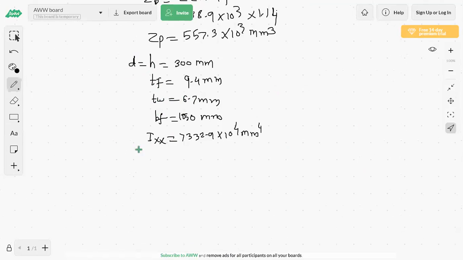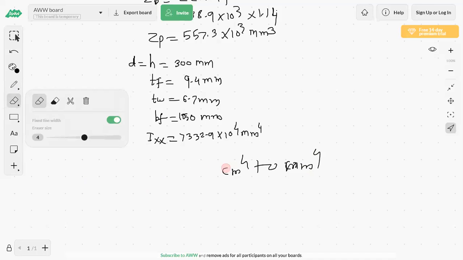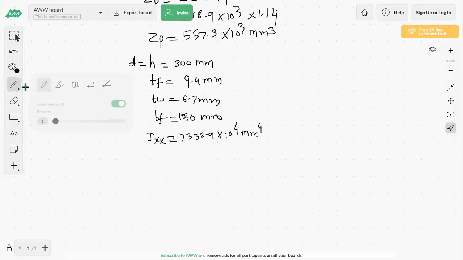Okay, so this is step number 2. One of the students asked me how to convert this into centimeter raised to 4 into mm raised to 4, because in your steel table the Ix value is given as 7332.9 centimeter raised to 4.